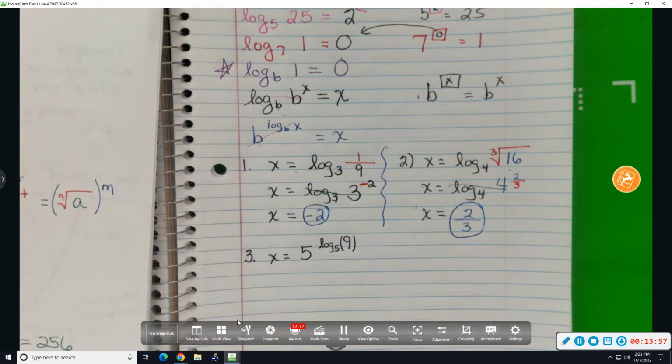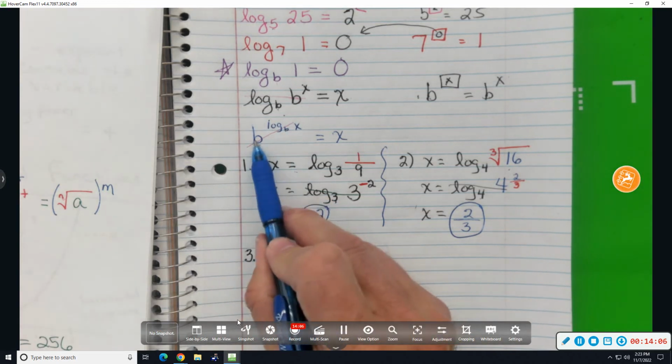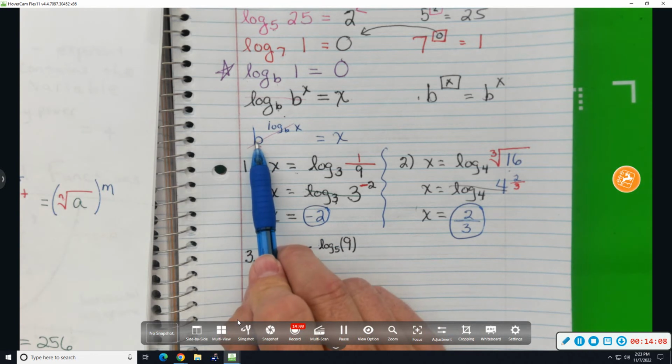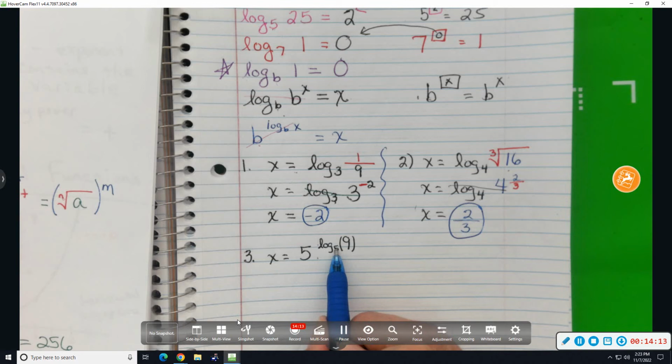On problem 3, it's a direct application of this rule right here. Instead of b, we have a big 5 and a little 5.